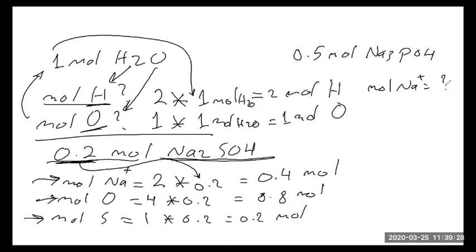It's going to be 0.5 multiplied by 3. That's correct. So it will be 3 times the 0.5, and we will have 1.5 mole sodium. So that's how you will deal with it. You will look at how many atoms we have in the chemical formula, then you will multiply it by how many mole of that compound we have.